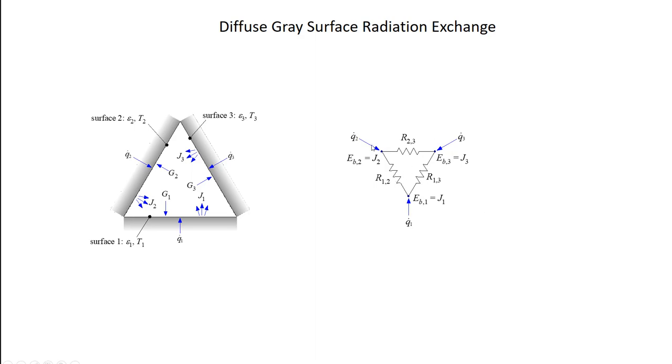The reason it's not any good anymore is that this assumption isn't any good anymore. The black body emissive power is no longer equal to the radiosity, and therefore I cannot connect black body emissive powers together the way I have. I can still connect these radiosities together, but I need another resistance that takes me from the black body emissive power to the radiosity.